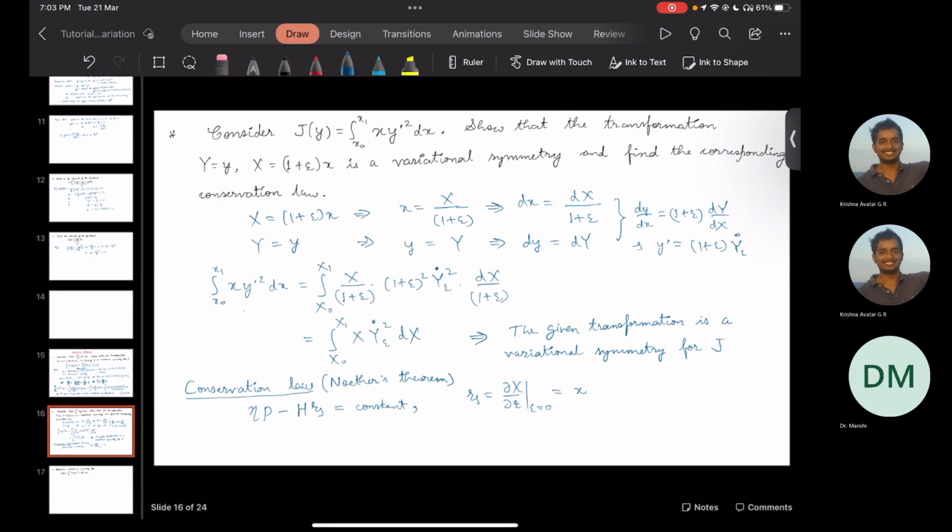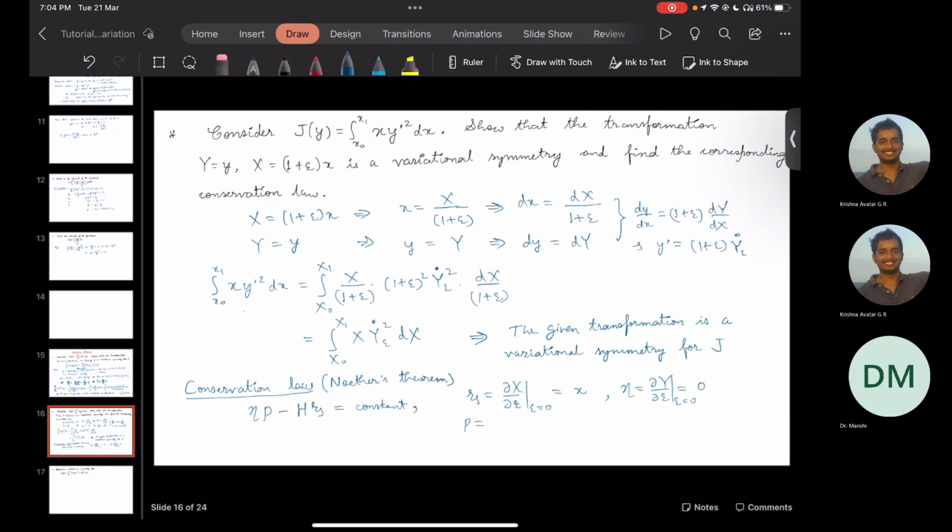So partial x with respect to partial epsilon is just x. Then eta is partial y with respect to partial epsilon, and you see that capital Y is identically equal to small y, so there is no transformation going on. It's an identity transformation, a trivial transformation. This is nothing but 0.